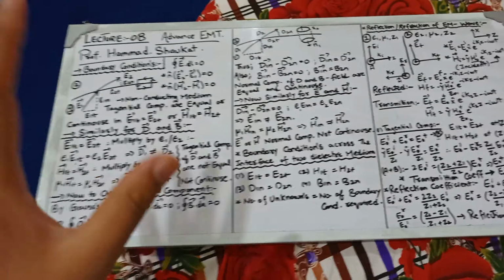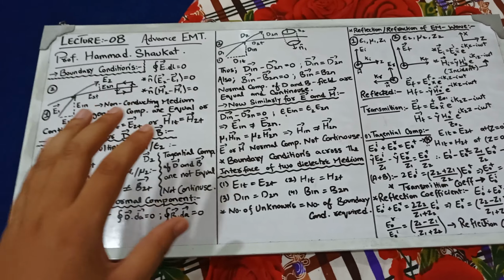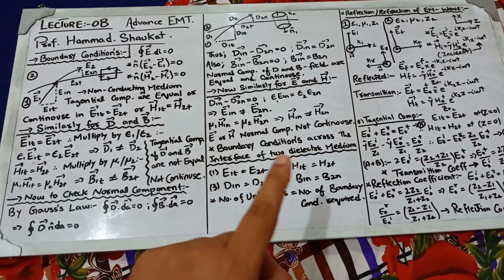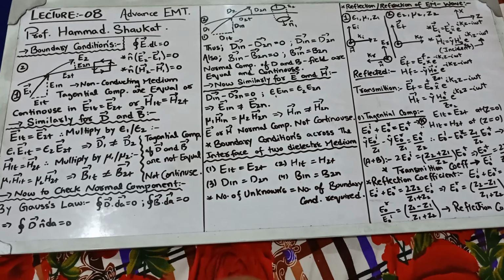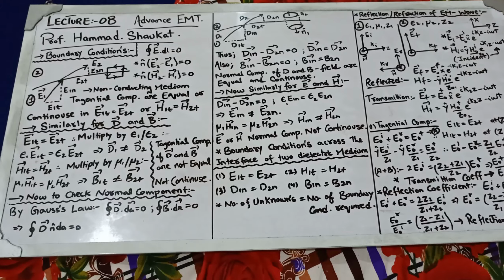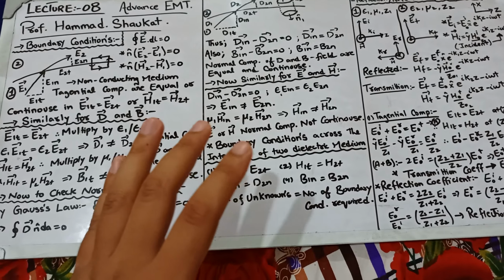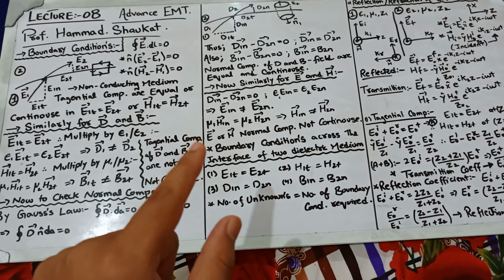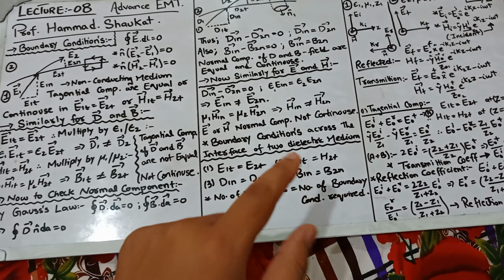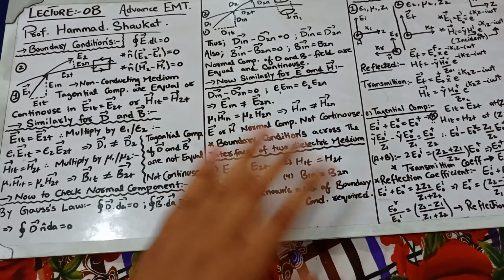So let's finally generalize all these equations I wrote here, like boundary conditions across the interface of two dielectric mediums. This is medium 1 below, and the upper side is medium 2. So the final boundary conditions are: the tangential components of electric field E and magnetic field H are continuous or equal.